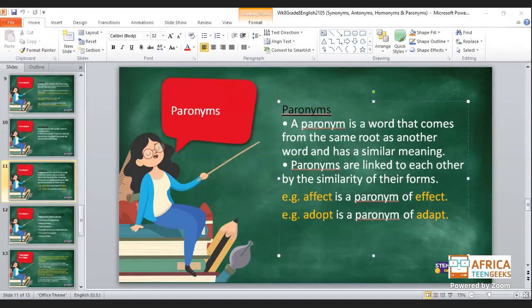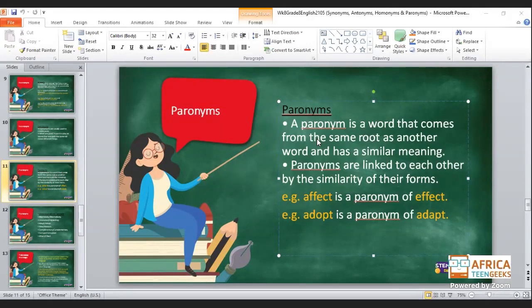Thank you, Tyrese. That is a wonderful example of paronyms, right? And you will see that it really goes with our example. These examples are consistent with the definition of paronyms. Paronyms are quite tricky, guys.